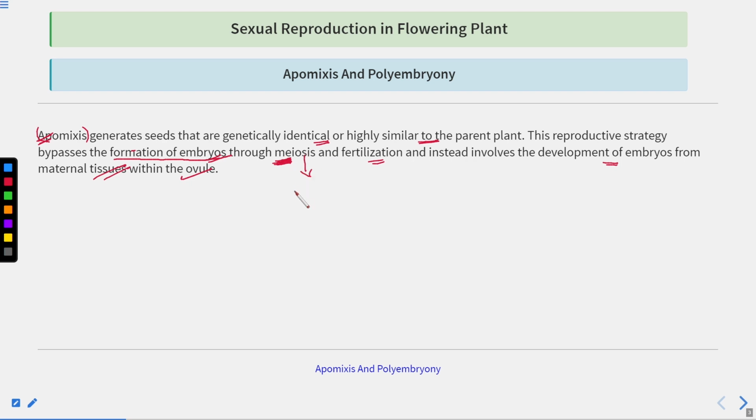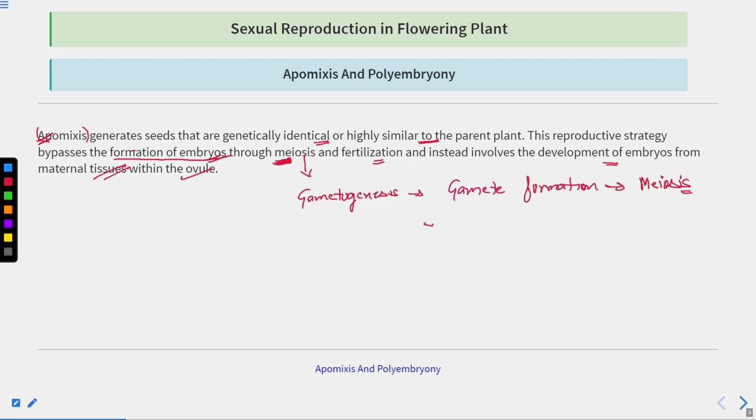So let's talk about gamete formation, gametogenesis. Gametogenesis is the gamete formation, and gamete formation involves meiosis.